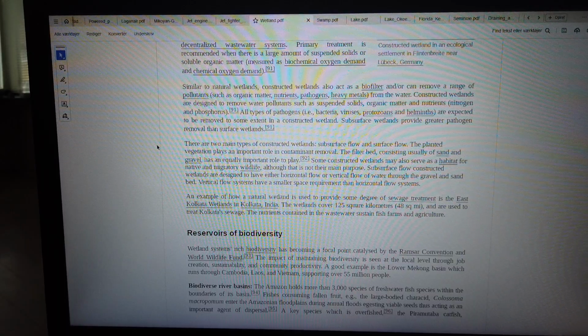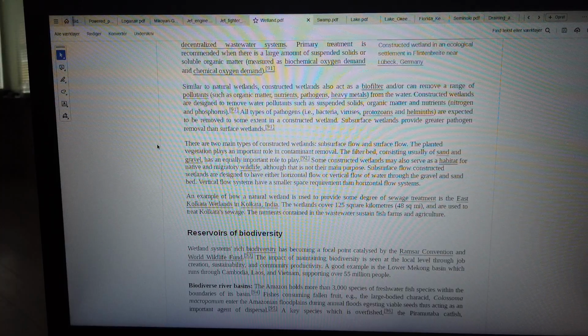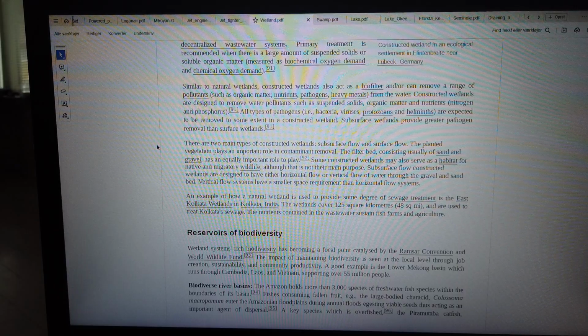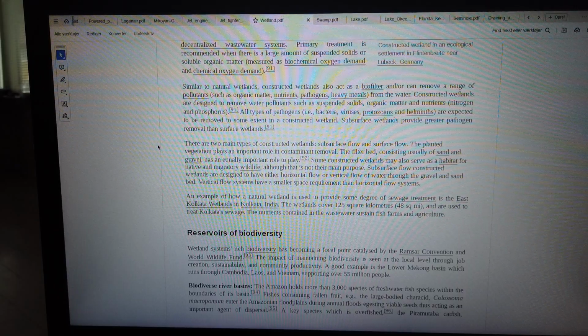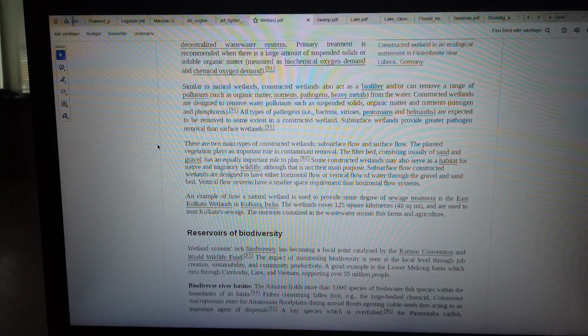There are two main types of constructed wetlands, subsurface flow and surface flow. The planted vegetation plays an important role in contaminant removal. The filter bed, consisting usually of sand and gravel, has an equally important role to play.